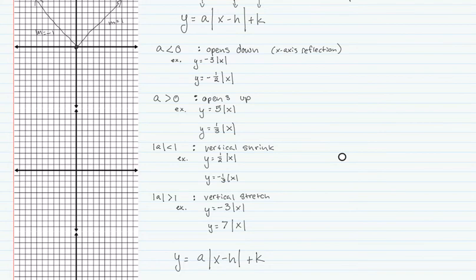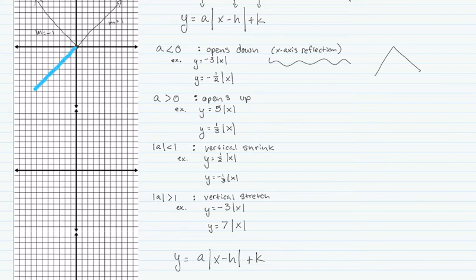That is purely whether it is less than 0, so if it's a negative number, then it is going to open down, which is called an x-axis reflection. So that means instead of looking like our regular V, it is going to be turned upside down and reflected over my x-axis. So here is an example in blue to the left.